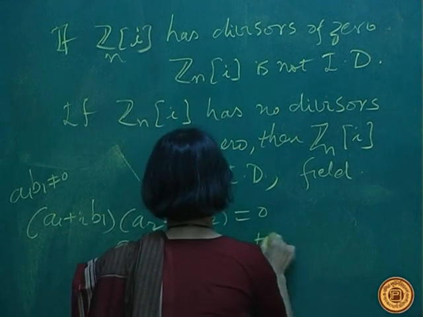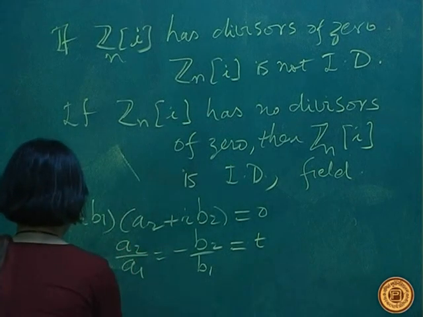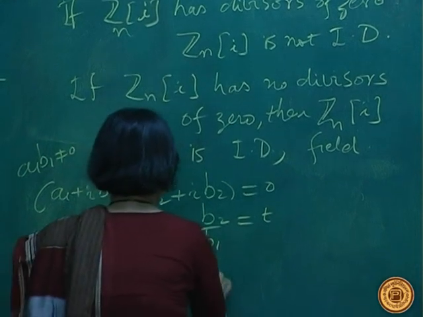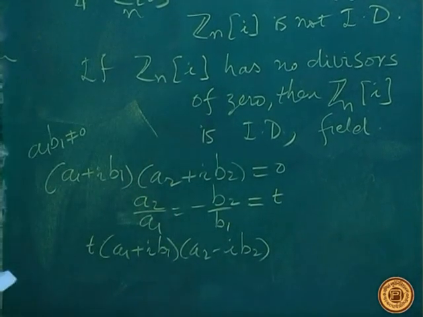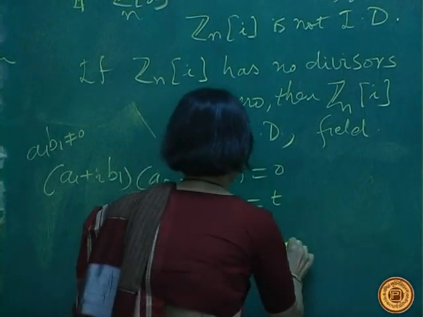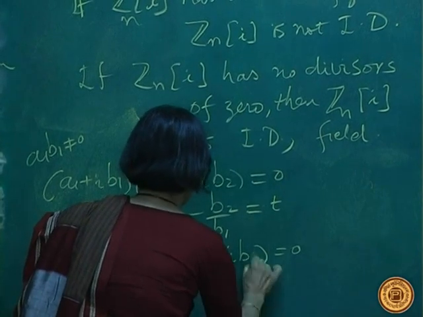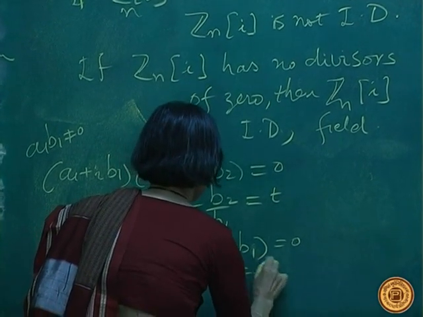This is equal to some t, and this reduces to t times (a1 plus ib1) times (a2 minus ib2) equal to 0, or this is a1 and b1 again, or a1 squared plus b1 squared is equal to 0.